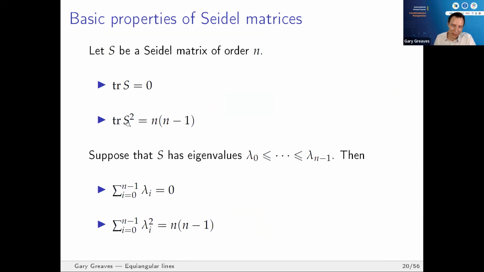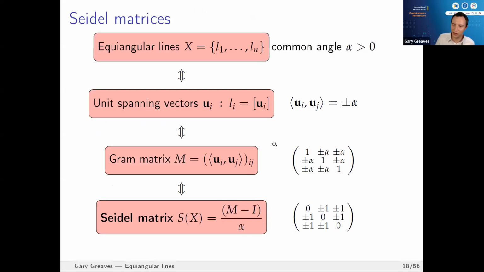The next nice property is, if we square the Seidel matrix and then take the trace, what happens then? If we square the matrix S, then going back to the picture, we're just doing plus or minus 1 squared for each of these off-diagonal entries. When you square this matrix, I'll just be summing the squares of the entries in some row. The first one will be 0 squared plus 1 squared plus 1 squared and so on.